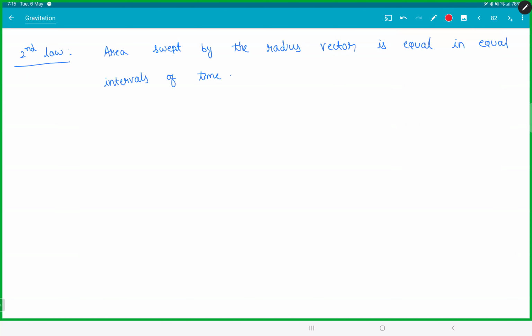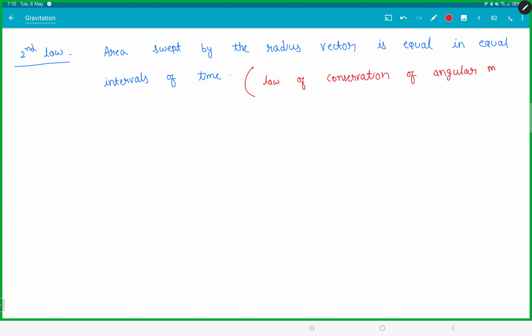This was a question in one of the exams: Kepler's second law means law of conservation of energy, linear momentum, mass, or angular momentum? This is based on the law of conservation of angular momentum. So Kepler's second law is another form of the law of conservation of angular momentum.